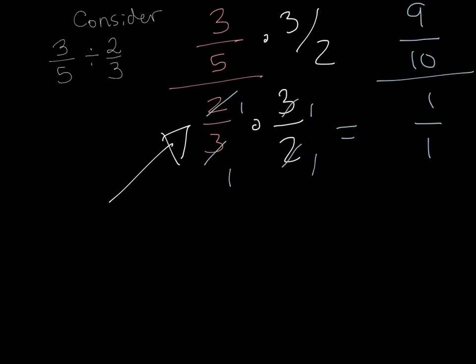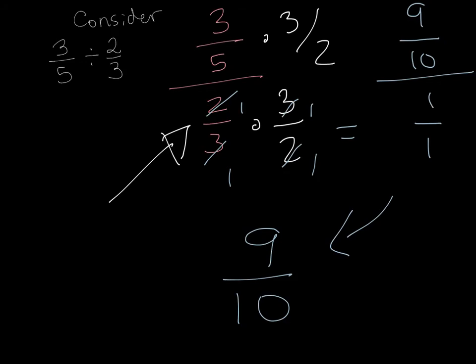So now I'm left with 9/10 divided by 1. And again, what's anything divided by 1? Well, it's just itself. So 9/10 divided by 1 is the same thing as 9/10. And so in essence, that's why the keep, change, flip works.